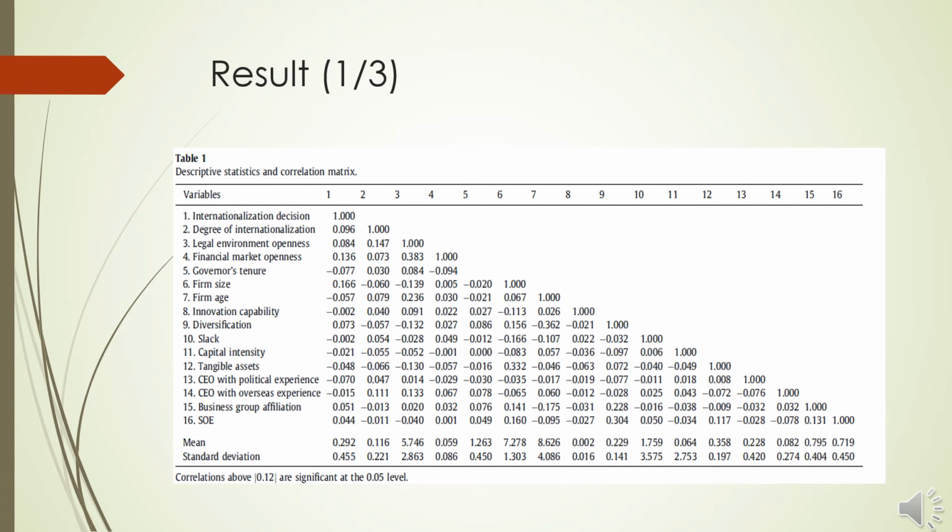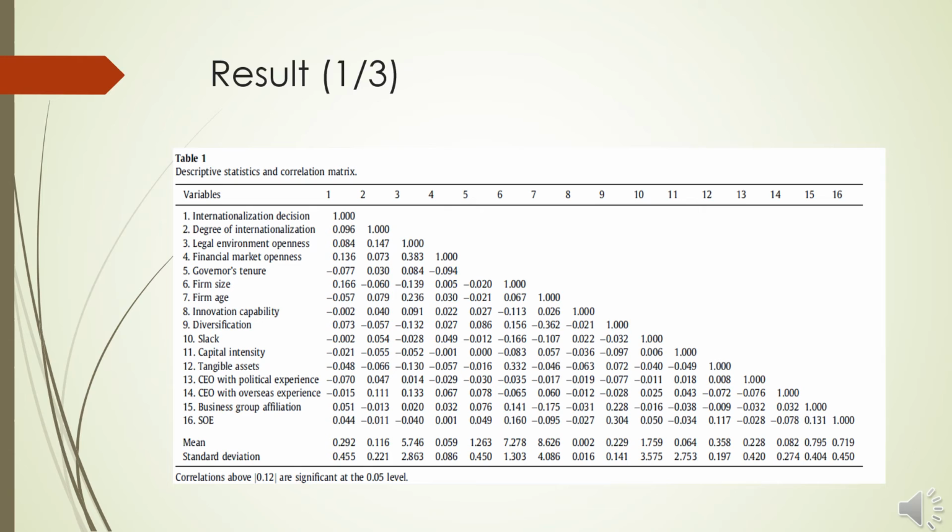This is a descriptive statistics table and it has 16 variables. We are interested to know the relationship between any of the two variables. So we can use the correlation coefficient, which is a measure of the linear association between any of the two variables. So the further away the correlation coefficient is from zero, the stronger the relationship between the two variables.